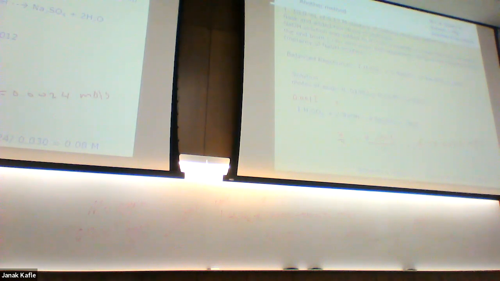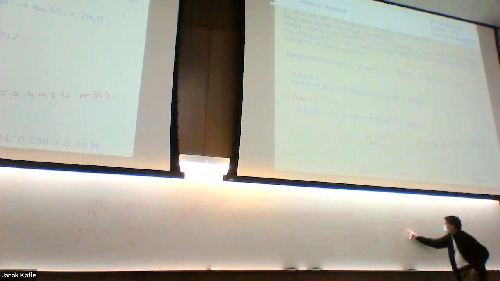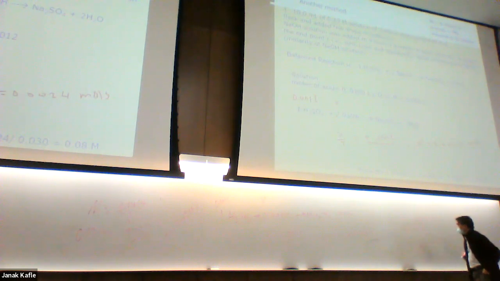What is the concentration of NaOH? We are calculating the molarity here. Concentration means molarity. The number of moles I just got is 0.0024 moles of NaOH, and liter.